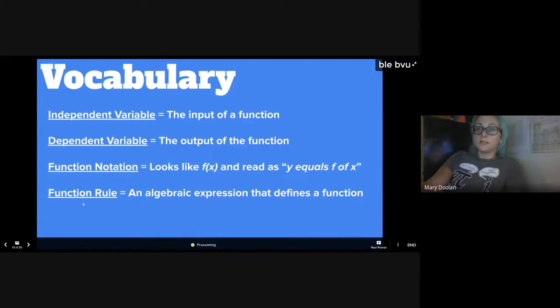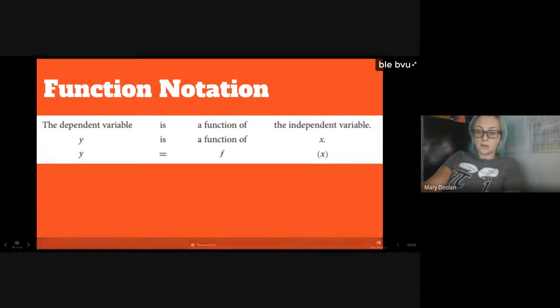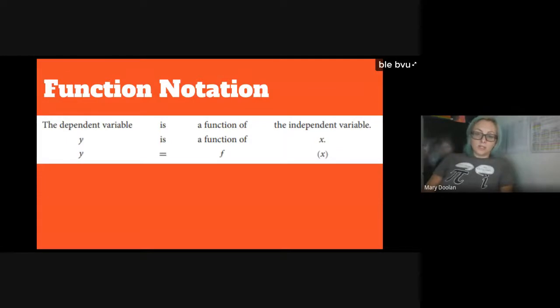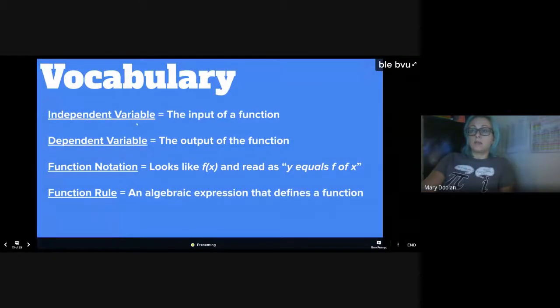Okay, so you have seen a little bit of function rules already. So function notation, we have the dependent variable is a function of the independent variable.